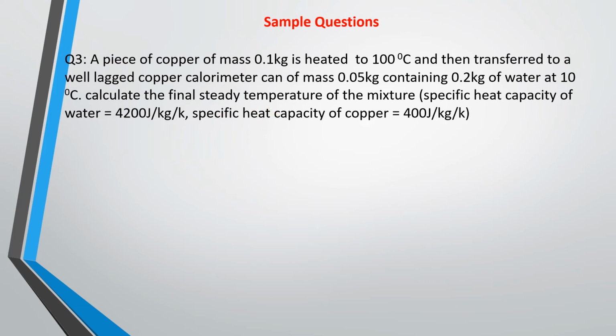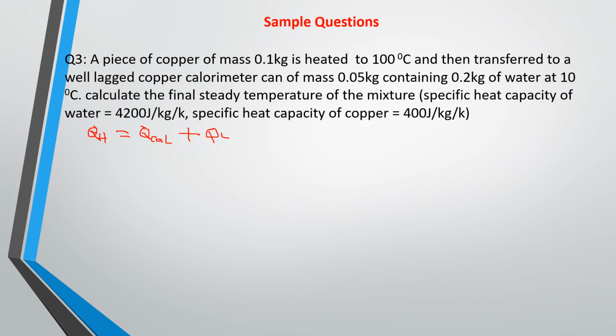Now, from our discussion initially, we said that the quantity of heat lost by the hot object, I represent that by QH, is equal to the quantity of heat gained by the calorimeter, I represent that by QCal, plus the quantity of heat gained by the liquid that is in there.